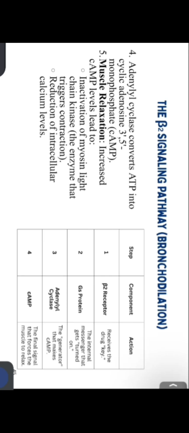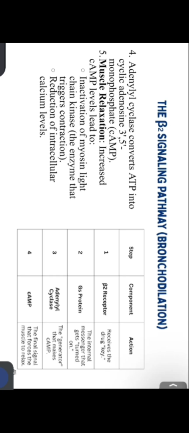To summarize it, stimulation of the beta 2 receptor by an adrenergic agonist triggers a conformational change that activates the stimulatory G protein. Then this causes the alpha subunit of the G protein to dissociate and link to the effector enzyme adenyl cyclase. After it is activated, this enzyme increases the synthesis of the second messenger, cyclic adenosine 3,5 monophosphate or your cAMP.